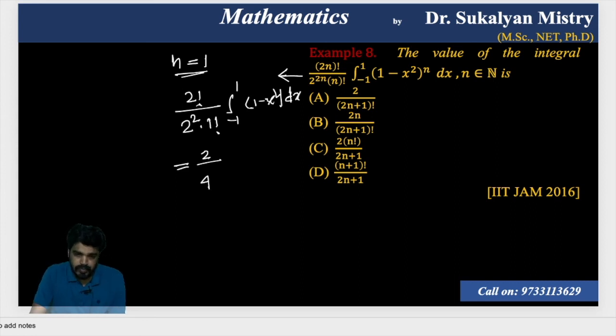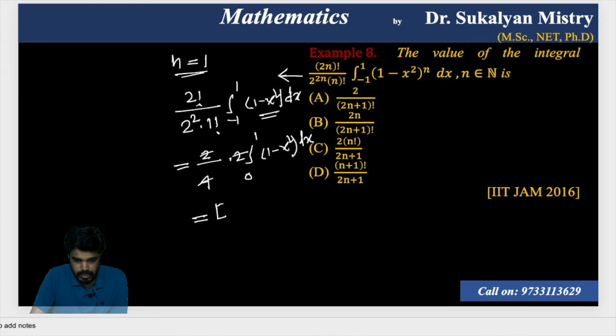This is an even function, so this can be written as 2 times the integral from 0 to 1 of 1 minus x square dx. So, 2 into 2, that is 4, cancels. Now integrate: x minus x cube by 3, with limits 0 to 1. So, that is 1 minus 1 by 3, that is 3 minus 1, that is 2 by 3.